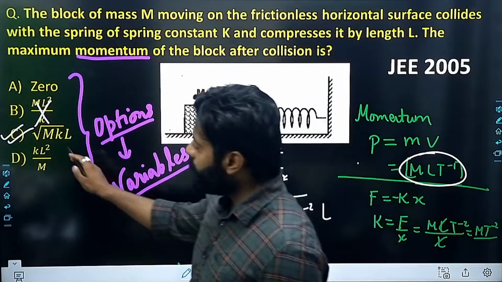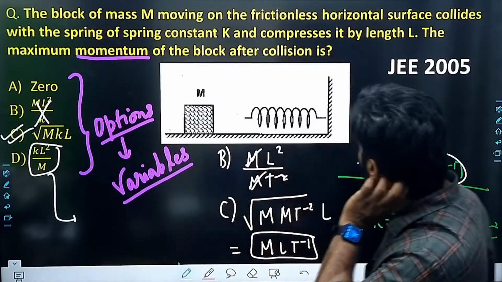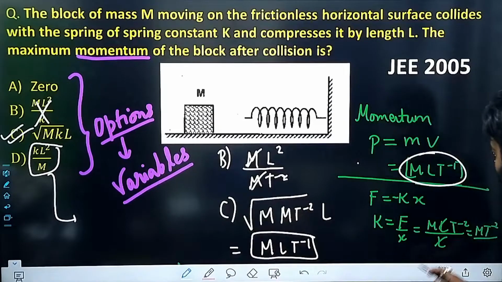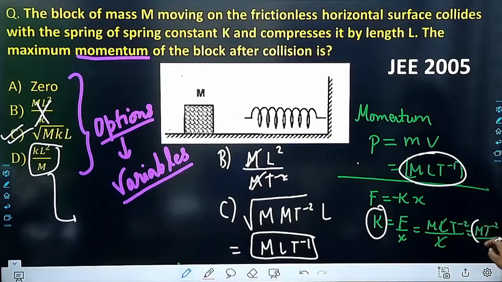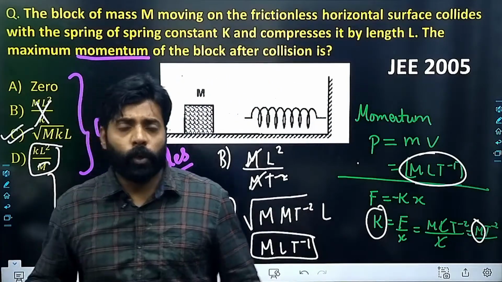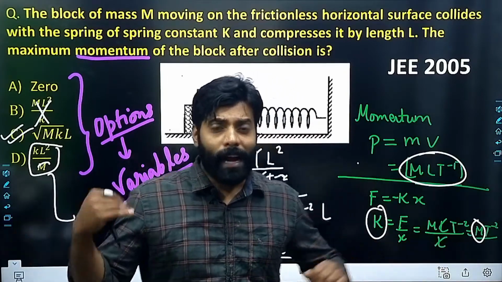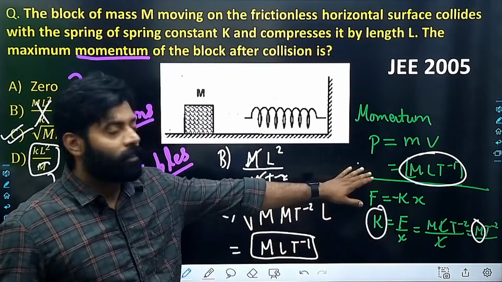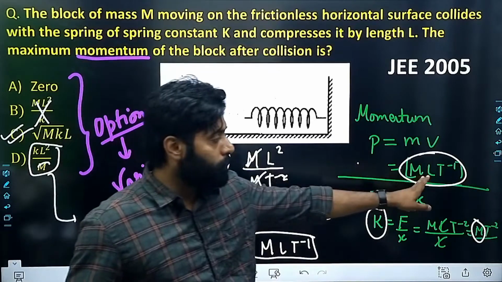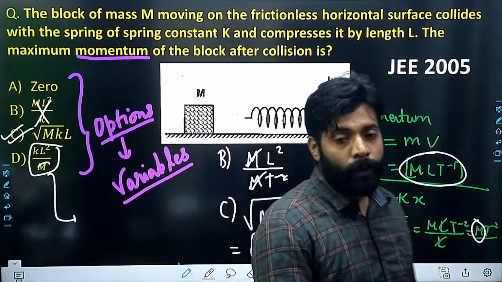The other option I can easily ignore. Why can I ignore that? Because in k I know that the mass M is coming, and here the mass is in the denominator. So if I divide by this quantity, the mass will go away, and this can't be the answer, because in our answer mass must be there, right? So the correct answer is C.